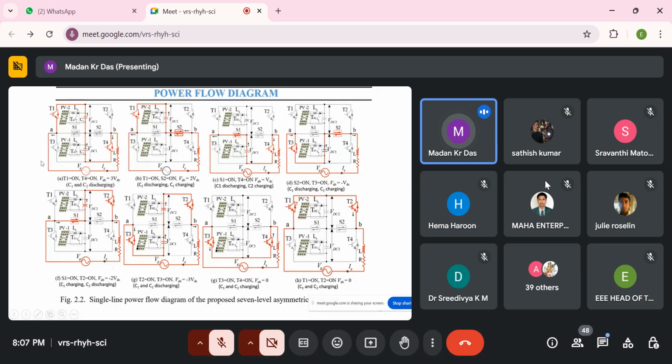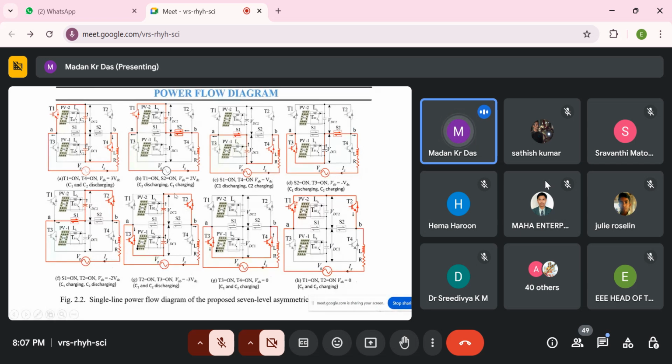Now you can easily understand the red line when the switches will be on. For 3 VDC, when T1 and T4 are on, we can find the 3 VDC. For 2 VDC, T1 and S2 are on. Then for VDC, T4 and S1 are on, and the current path is like this. Negative VDC is like this, negative 2 VDC like this, and negative 3 VDC like this.